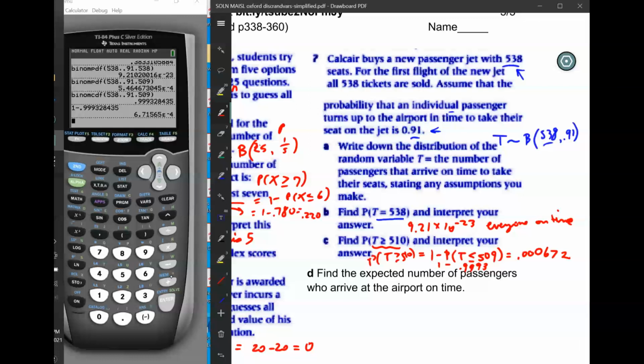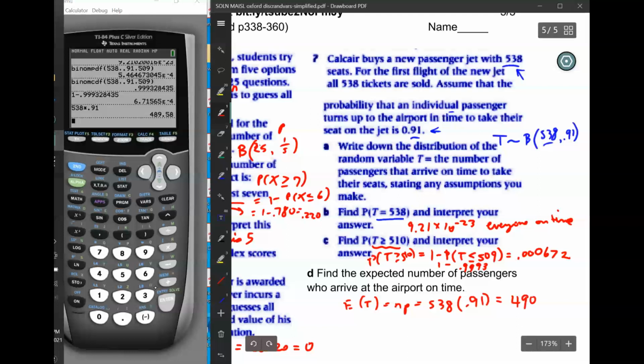Find the expected number of passengers who arrive at the airport on time. Now remember, expected value is calculated by n times p. So we're going to do n, which is the number of total tickets sold, times the probability that the person shows up. 538 times 0.91, which is 489 or 490.